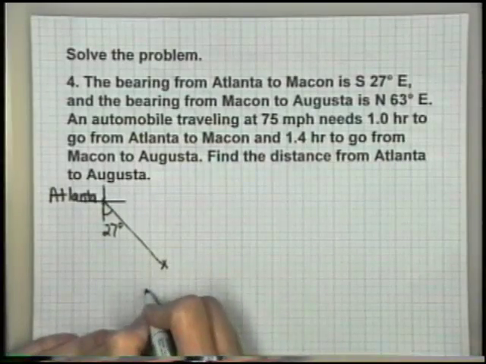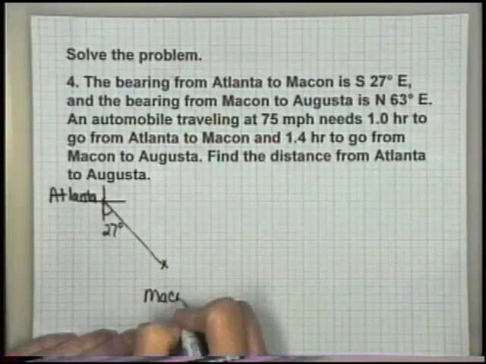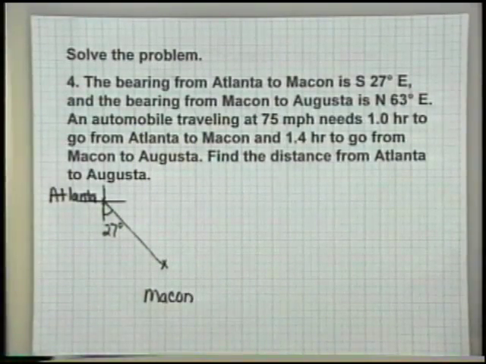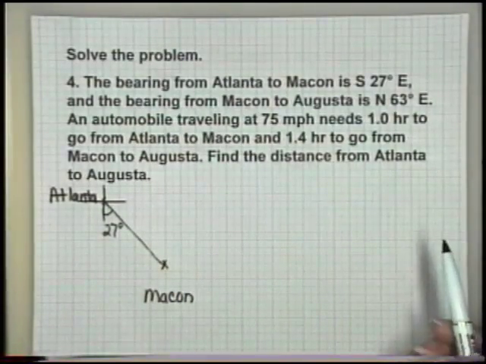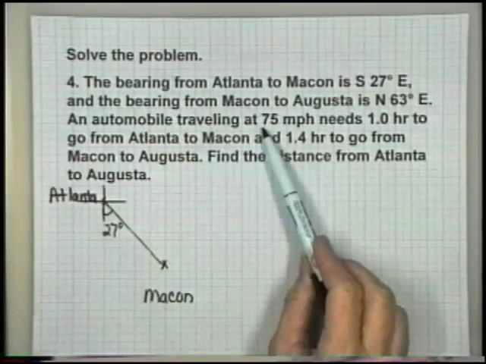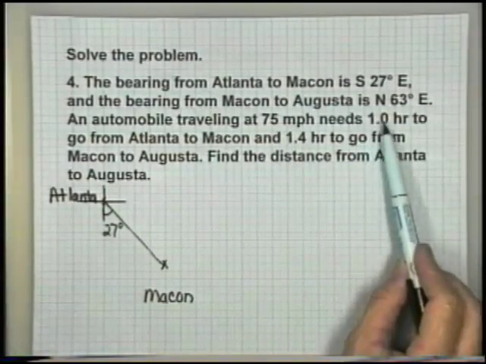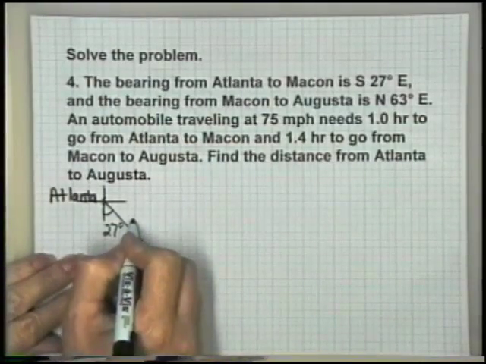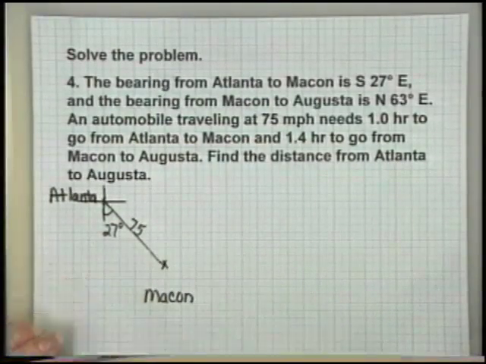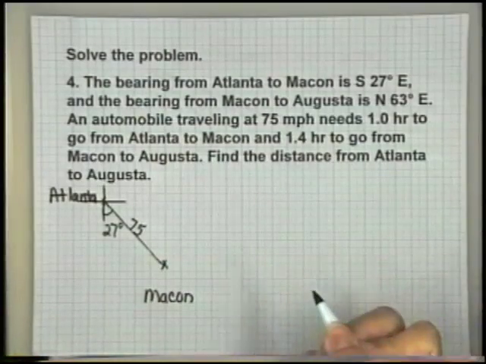And then this point right here I'm using for my Macon. And it didn't give me the distance, but I know the distance. If the car's traveling 75 miles an hour and it just takes an hour to go from Atlanta to Macon, then that distance is 75 miles, isn't it?